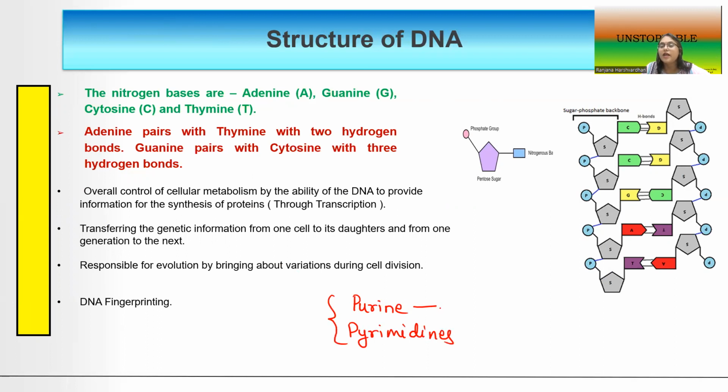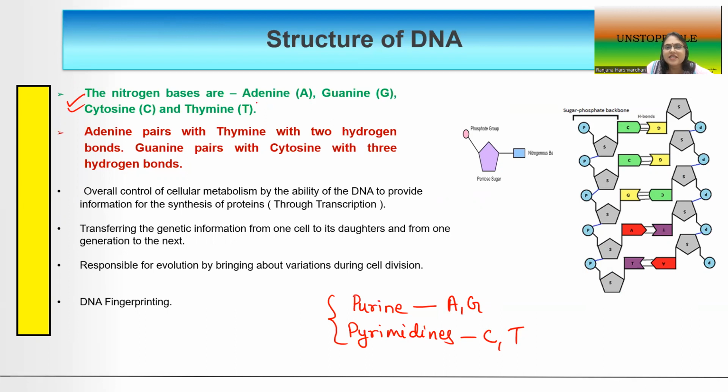Purines are double ring structures. They are made up of 2 rings, and the examples are adenine and guanine. And pyrimidines are made up of a single ring structure, and the examples of pyrimidine are cytosine and thymine. Together they make 4 nitrogenous bases.